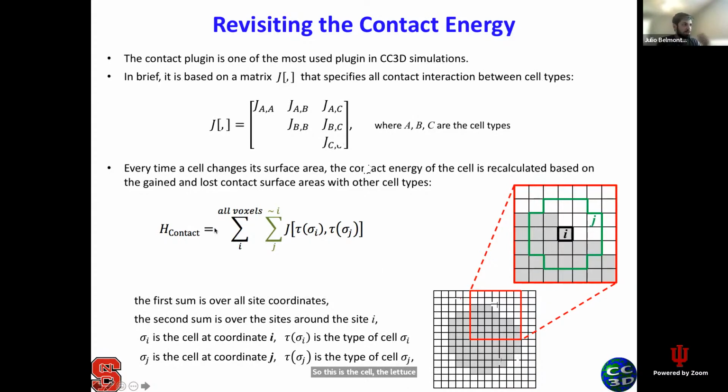Then you go over the first sum here, over all those lattice sites, and for each one of those lattice sites you also do a second summation over all the sites around it, and you find sites that belong to different cells, and then you read this matrix and you add that to your energy, okay?